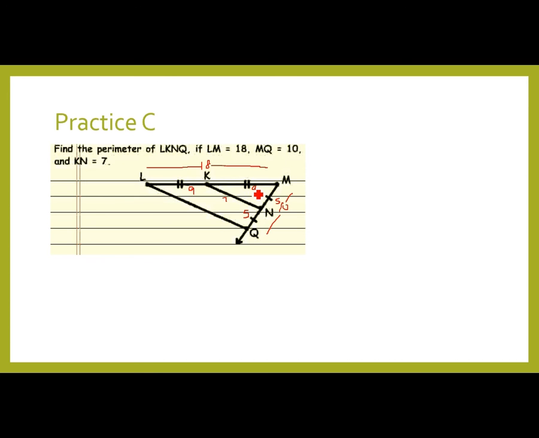So if these are in the ratio of 9 to 18 or 1 to 2, then this must be in that ratio as well. So this would be 7 to 14. So 14 must be that missing length there. And then to find the perimeter of LKNQ, we just add up all four sides, and when we add those up, we'll get 35, which is the answer to practice C.